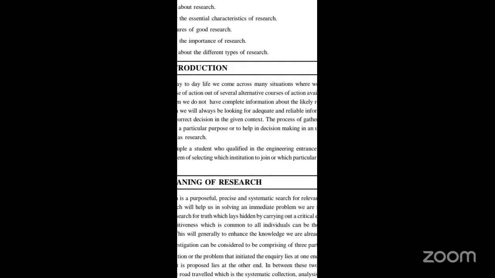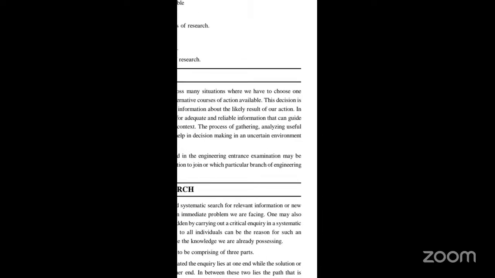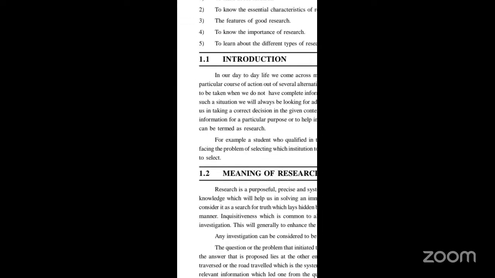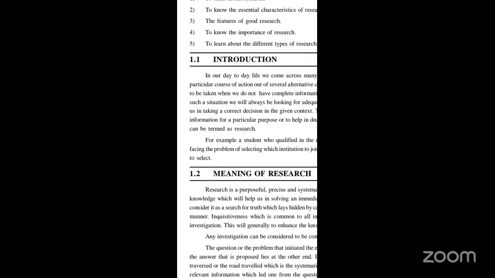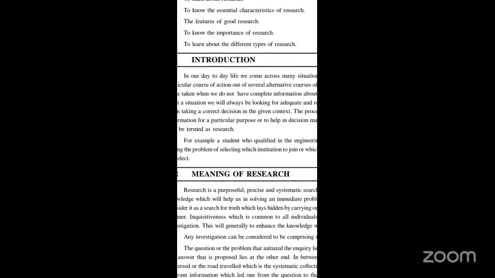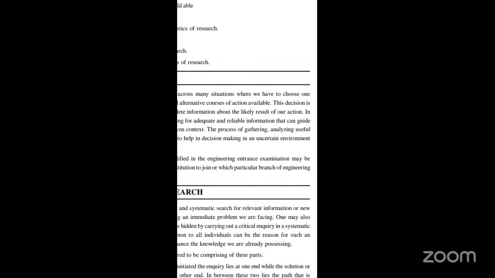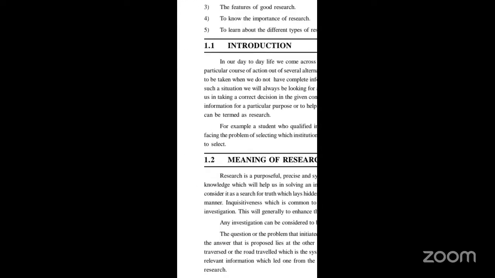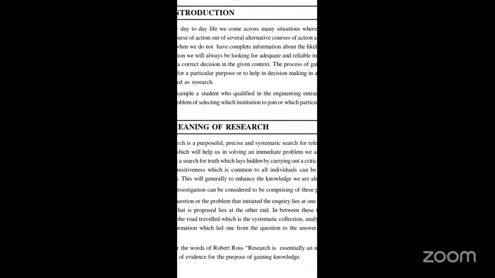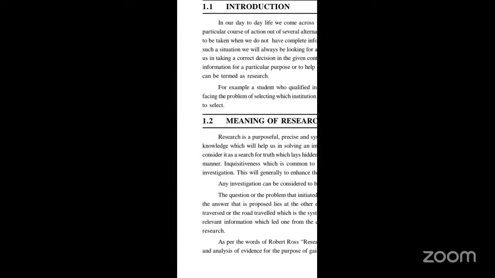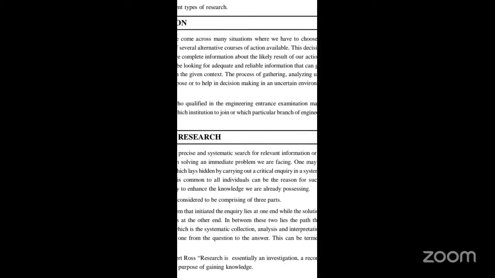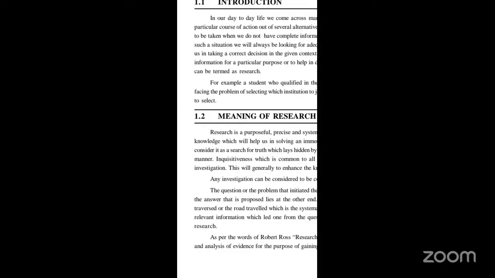The process of gathering and analyzing useful information for a particular purpose, or to help in decision making in an uncertain environment, can be termed as research. A student who qualified in the engineering entrance examination may face the problem of selecting which institution to join or which branch of engineering to select. For that purpose, we can do research.